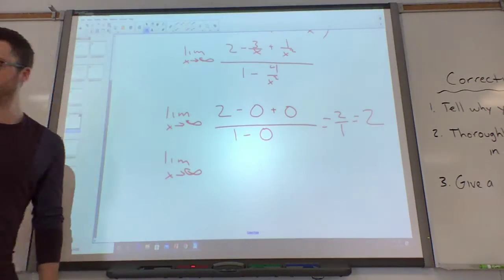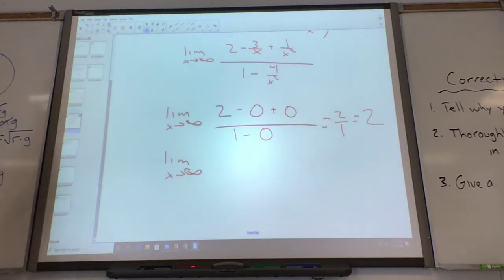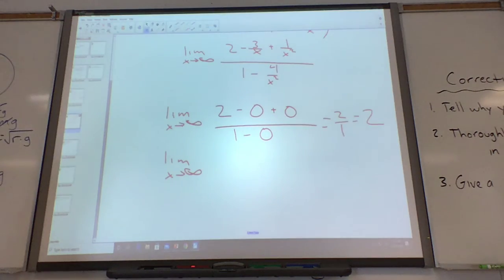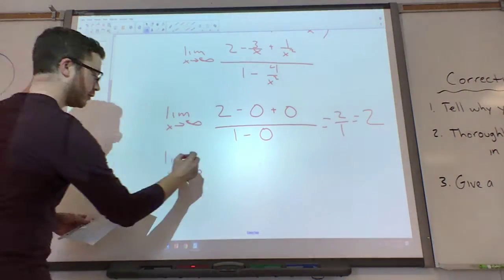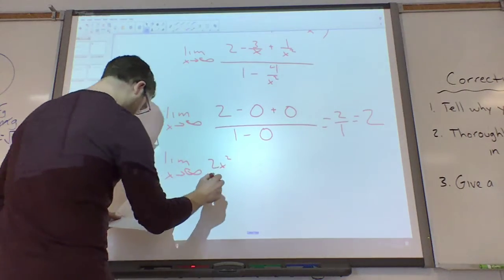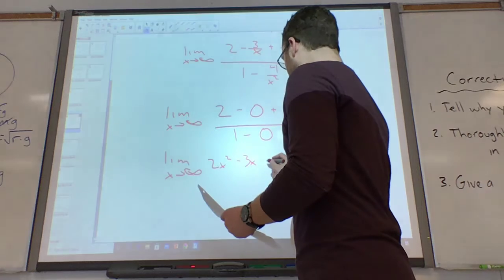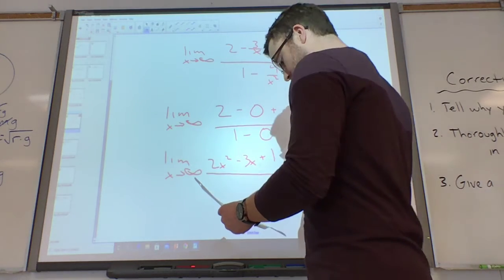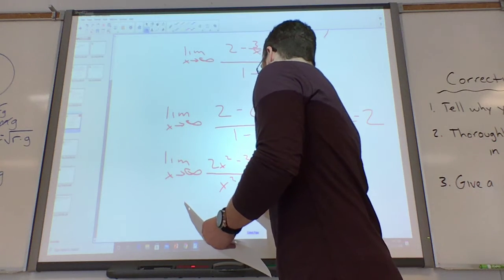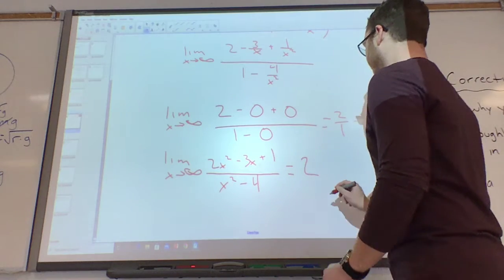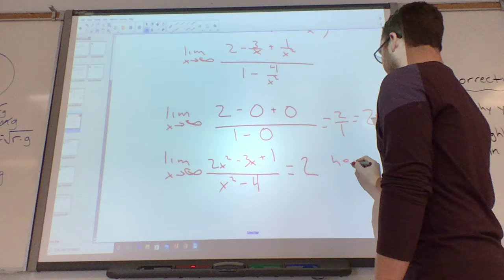So when we're presenting our answers, we can say the limit of our function here, 2x squared minus 3x plus 1 over x squared minus 4, is equal to 2. And this is our horizontal asymptote.